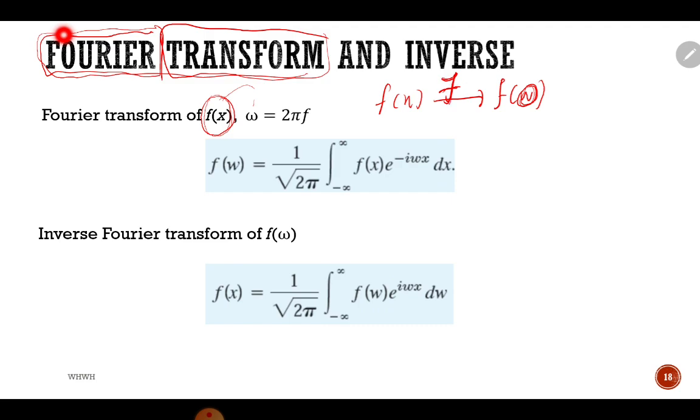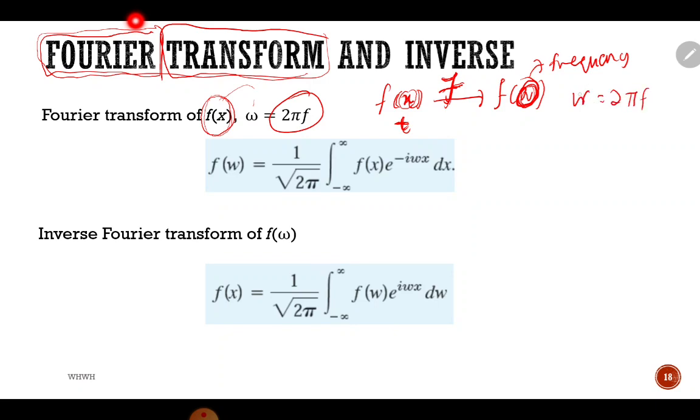Fourier transform is actually one kind of transform where you change from the x domain or t domain, x being space and t being time domain, into omega. What is omega? Omega is 2 pi f. We have discussed this, which is frequency domain. You may consider this as the frequency domain. Why frequency? Because omega equals 2 pi f.